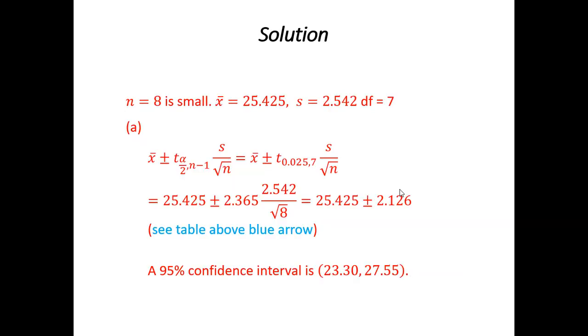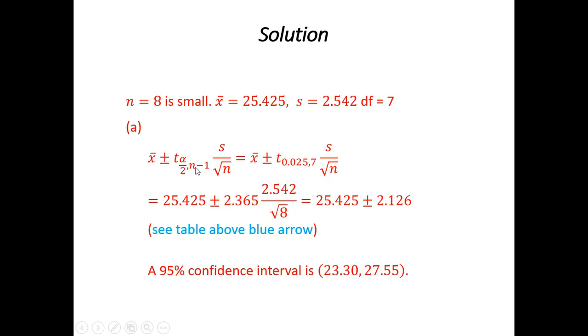Okay, so first the confidence interval. So we make the observation that the sample size is 8, which is considered small. We calculate x bar, calculate s, and we note that the degrees of freedom, 8 minus 1, is 7.